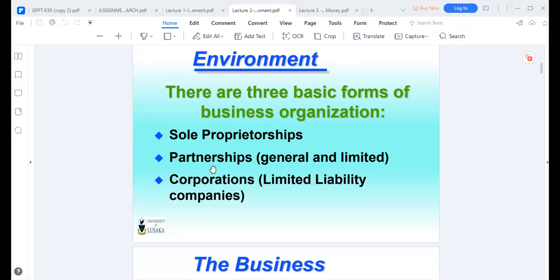Then on a partnership, it's owned by more than one person, so it can be two, but not more than 10.